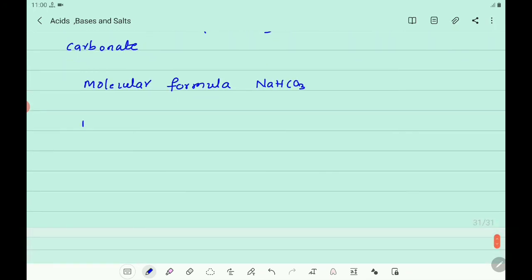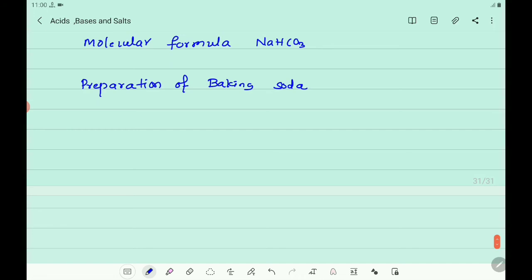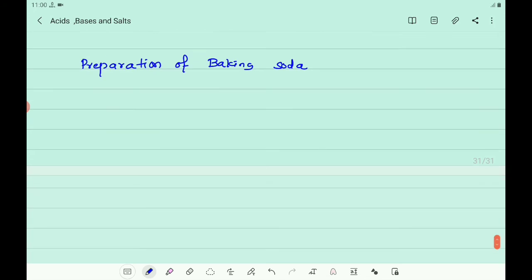And how will you produce baking soda? So you take preparation of baking soda. It is produced using sodium chloride, carbon dioxide, ammonia and water. So write about the preparation of baking soda.